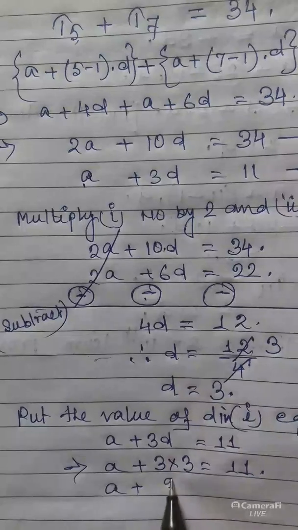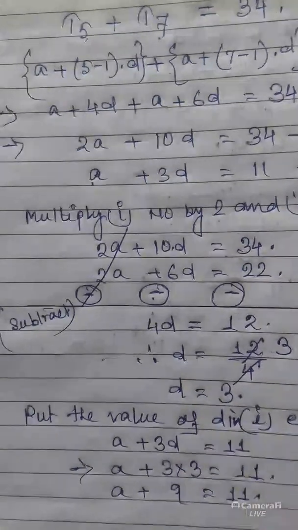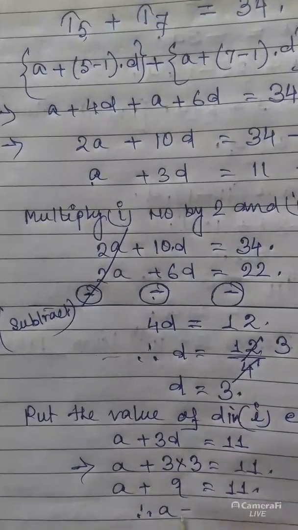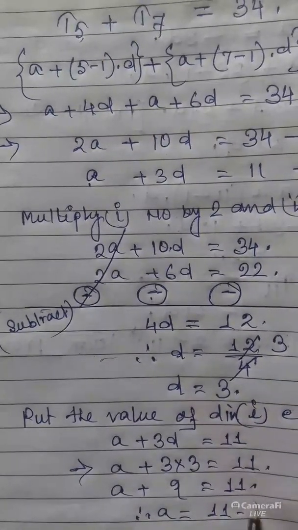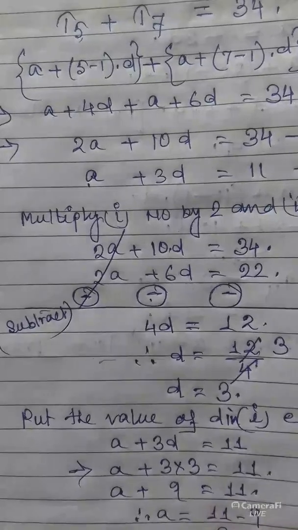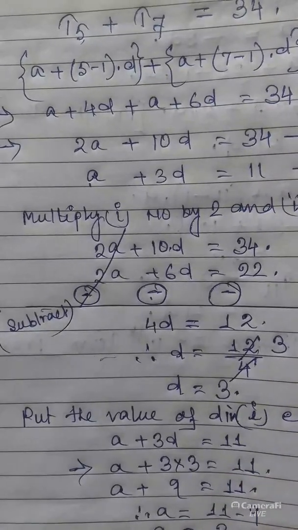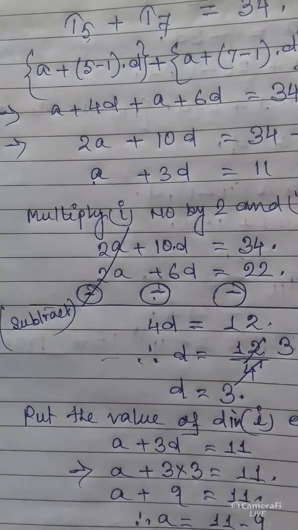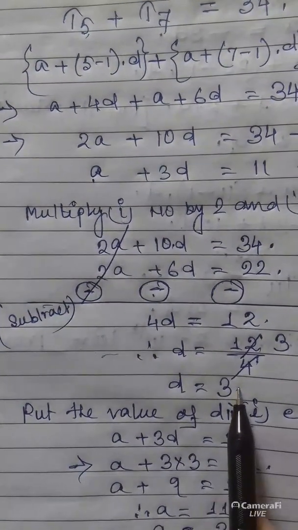Now A plus 9 equals 11. Therefore A equals 11 minus 9, which is 2. A equals 2. The first term equals 2 and the common difference equals 3.